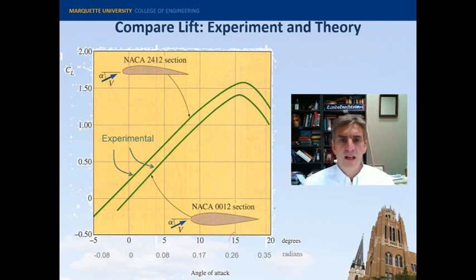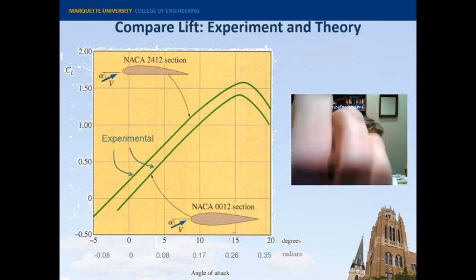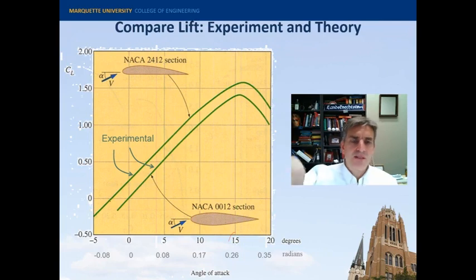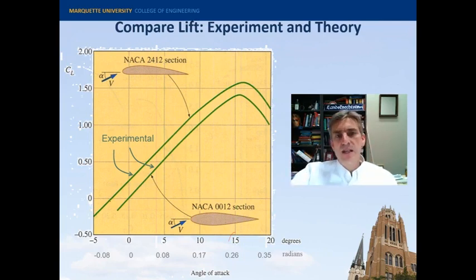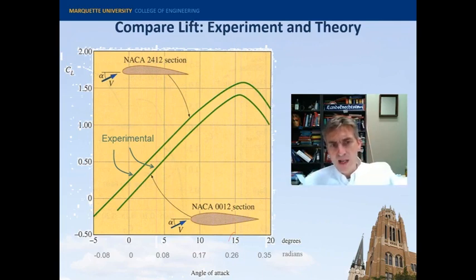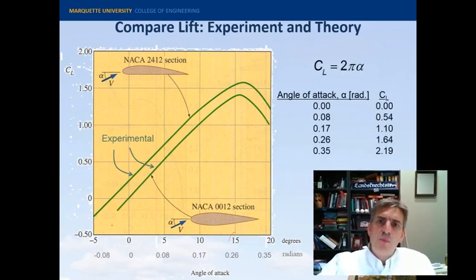and it just falls to 0 after this. And then this is the non-symmetric airfoil, so you get some lift at 0 angle of attack. You'd have to pitch it down to get 0 lift, so you'd have to have negative angle of attack, but it rises and falls, not much unlike the NACA 0012 airfoil. And it's plotted here in angle of attack in degrees and radians, because this 2 pi times alpha is really in radians.